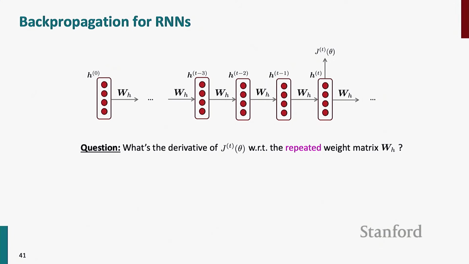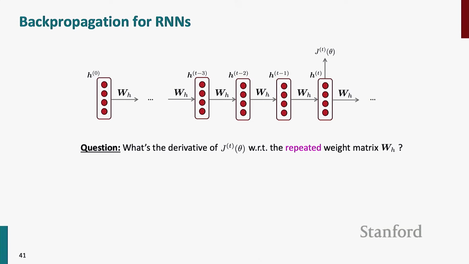Okay, but there's still a few more things that we need to know to get things to work great for you. I'll try and get a bit more through this before today ends. We need to know how to work out the derivative of our loss with respect to the parameters of our recurrent neural network.